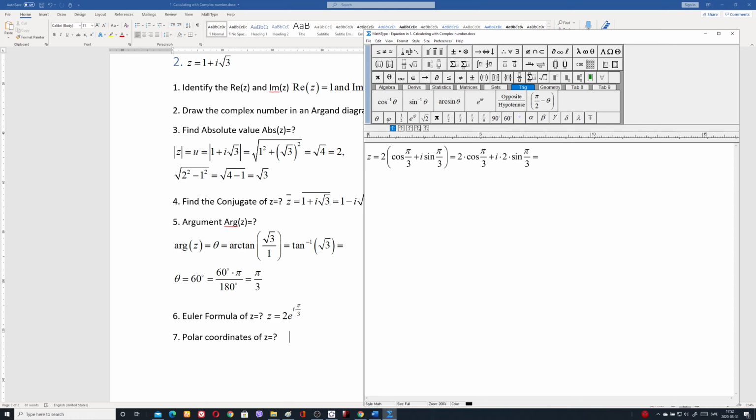After that we can write 2 multiplied by cosine of pi divided by 3, and I receive 1, plus i multiplied, when I multiply 2 by sine, I get square root of 3.